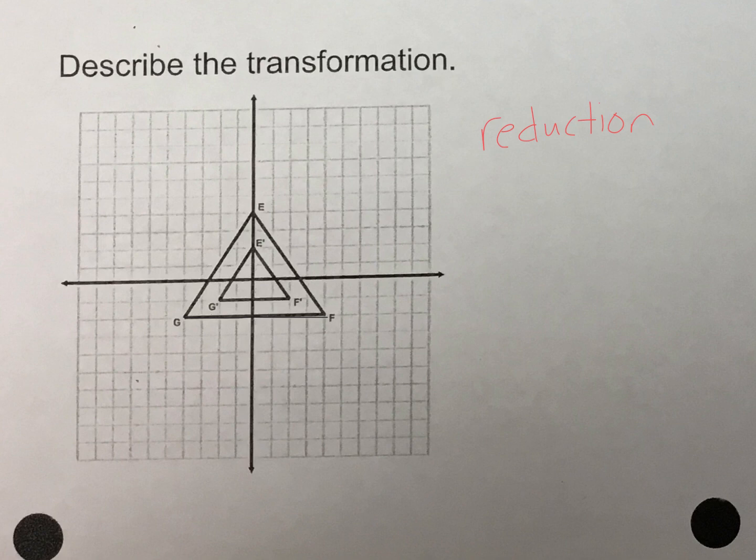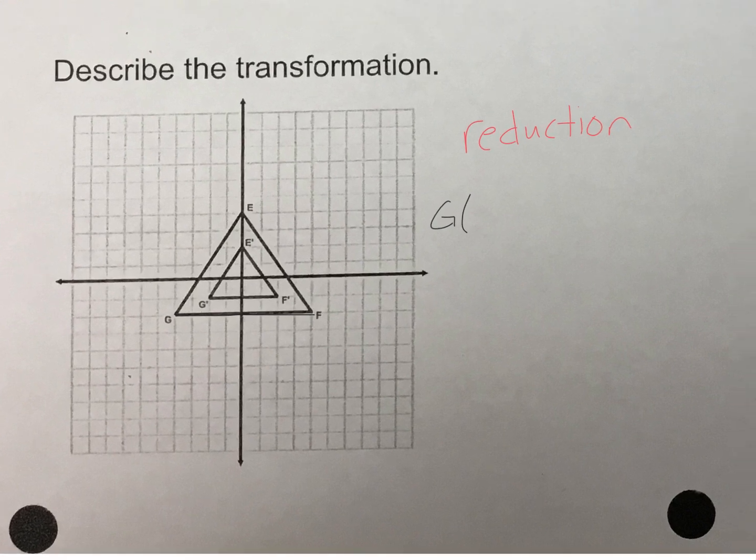Yeah, let's start with the original. It doesn't matter which points I use. So I'm going to pick G. What are my coordinates for original G? The original G is -4, -2. What are my coordinates for new G? -2, -1. So how can I figure out what the scale factor is from those?